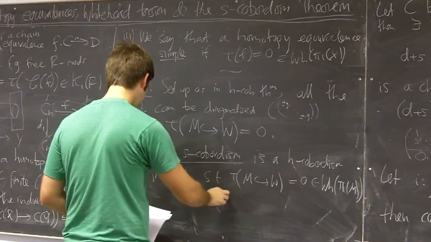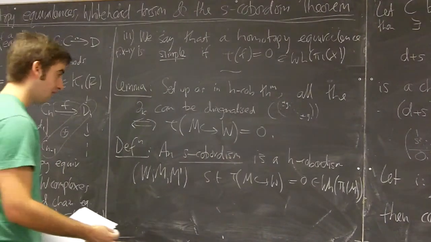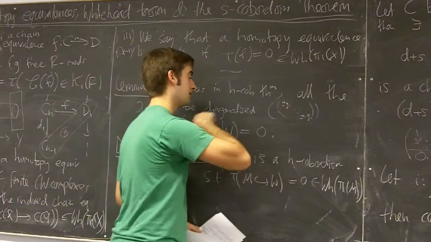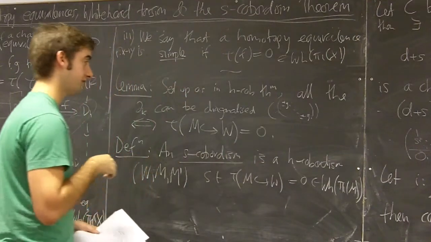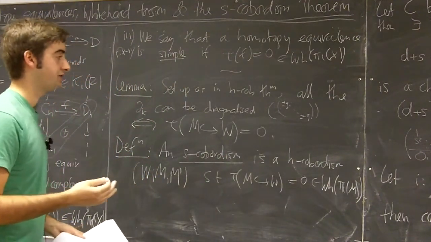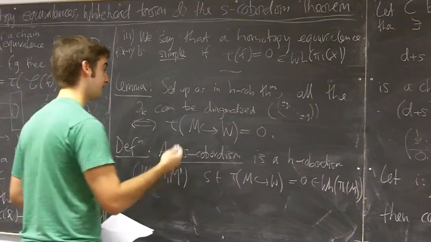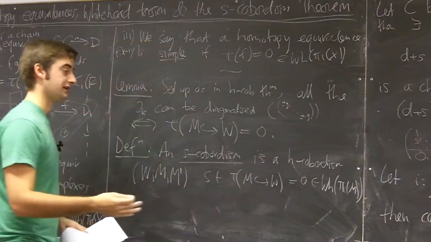So if we have trivial torsion, we can diagonalize and get group elements down the diagonal. Then we can change orientations and change lifts of our handles and get the identity down the diagonal.